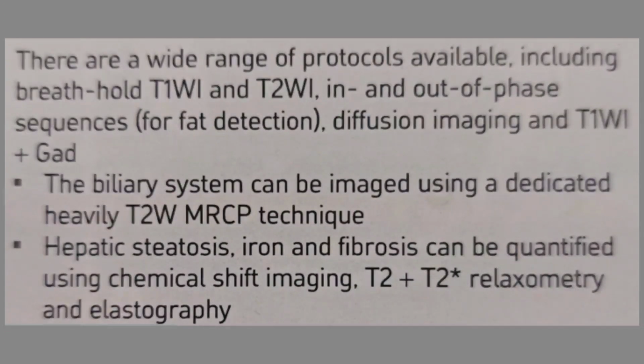If you want to pick up hepatic steatosis, iron or fibrosis of the liver, and you want to quantify the abnormality, you can use chemical shift imaging, T2 and T2* relaxometry, and elastography. These can be used to pick up hepatic steatosis, iron overload and fibrosis, especially liver fibrosis. So MRI is one of the useful radiological imaging techniques that can be used for liver imaging.